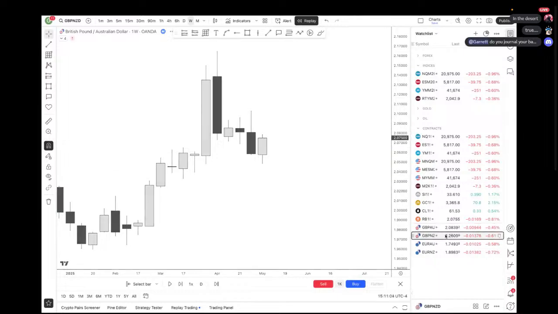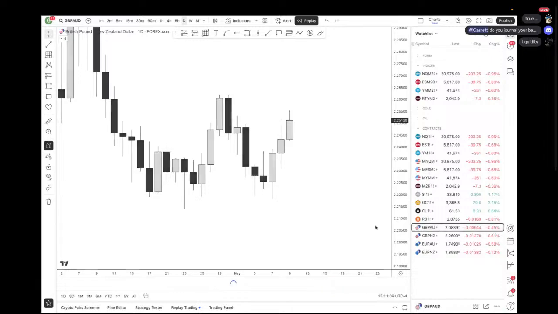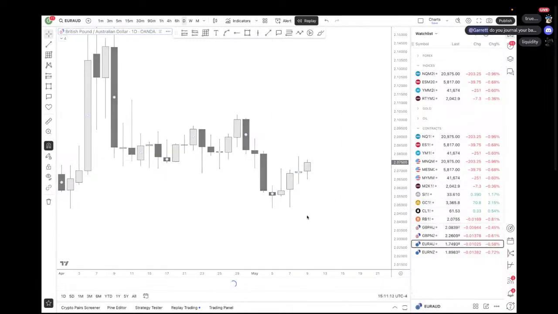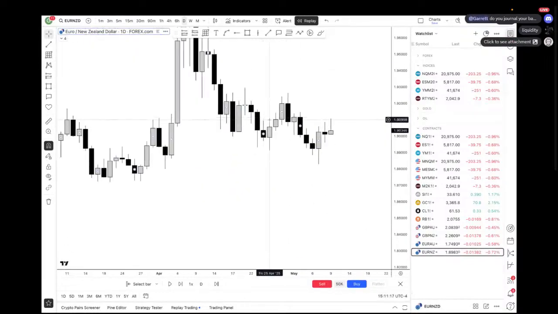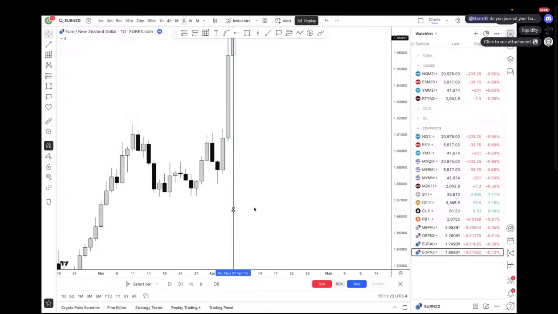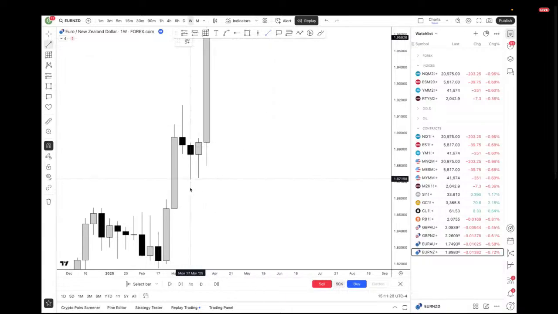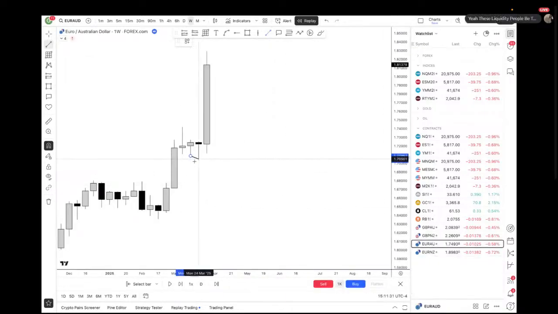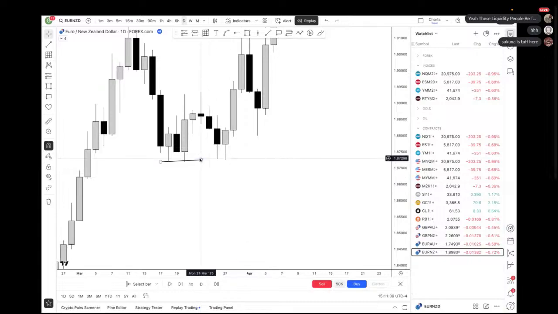Nothing I see here. Let's go to daily, sorry. Wednesday. Nothing there. Let's go like this reversal. Oh, I was looking at this last night. What's the low here?